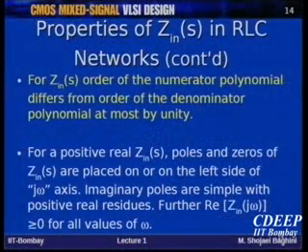For a positive real Zin, poles and zeros of Zin are placed on or on the left side of the j omega axis. Imaginary poles are simple with positive real residues, and for all values of omega, of course, the real part is positive. Actually, therefore, this means that Zin will have polynomials in the numerator and denominator which are eventually modified Hurwitz polynomials.